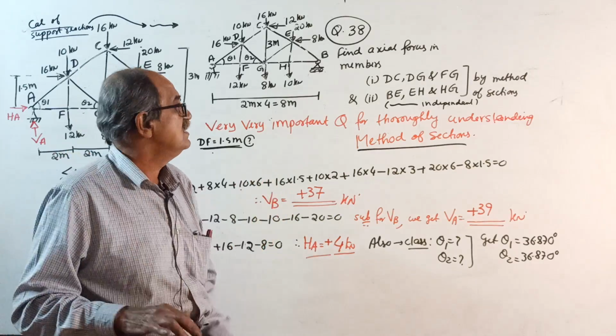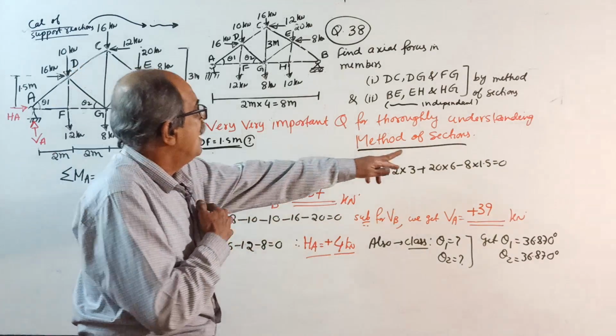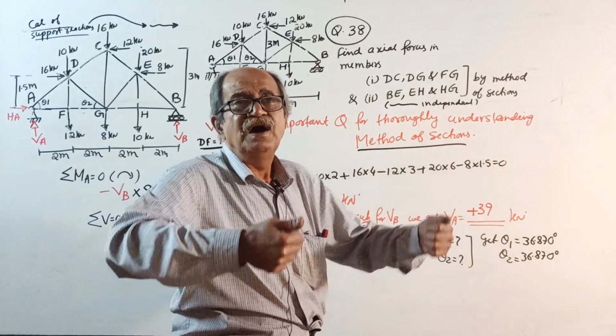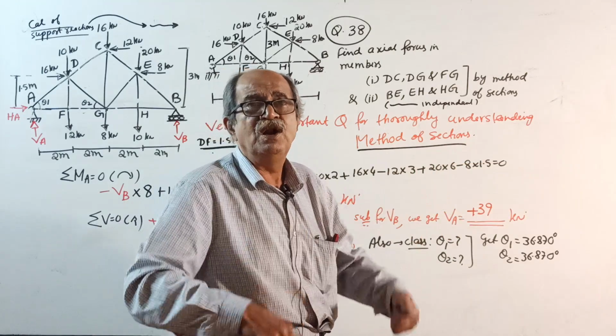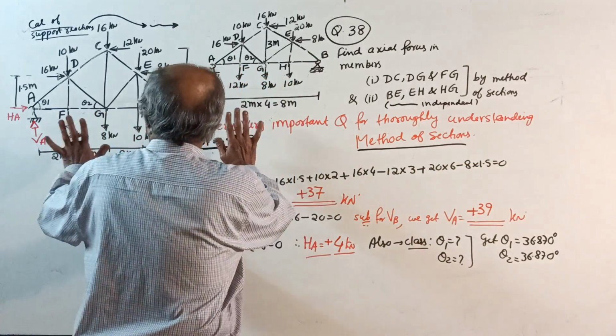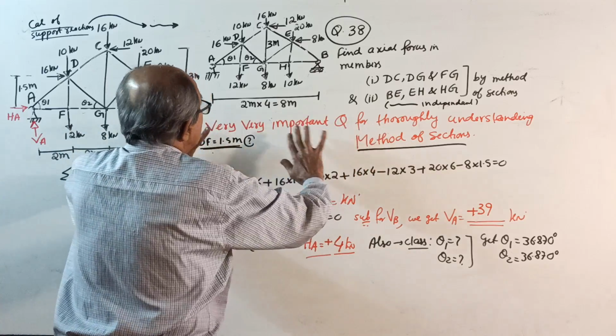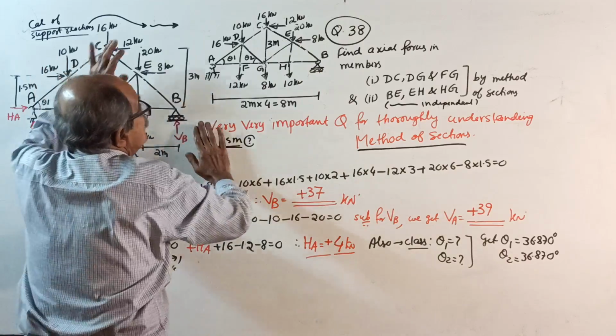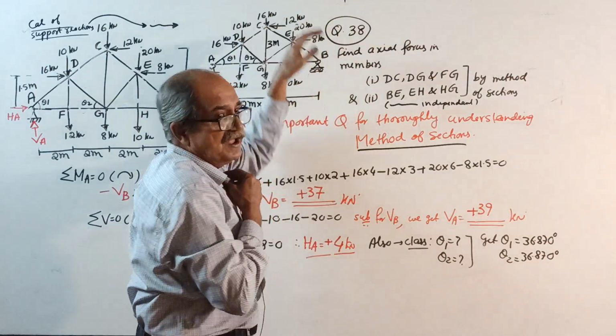That's why I want it, for understanding method of sections and to get a 100% grip on method of sections. Okay, now I remove everything and start here. That's why I wrote the question here, because this I can't remove. I want this full space. Okay, I start now.